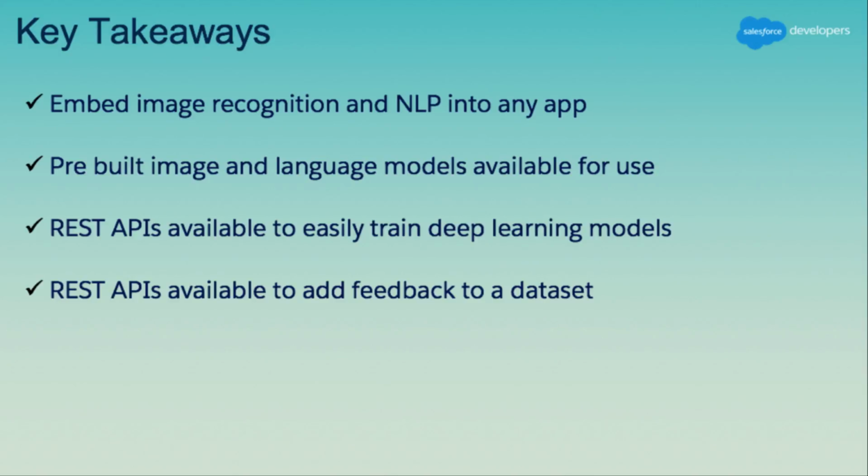So you can add feedback to your data set. The 51 APIs that are currently available, I think they're very expansive, covering everything that you will typically need in this entire process of creating, training, and retraining the model.